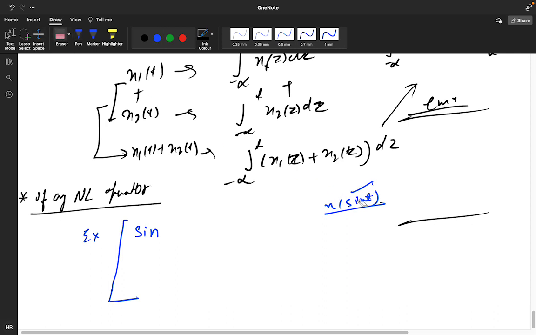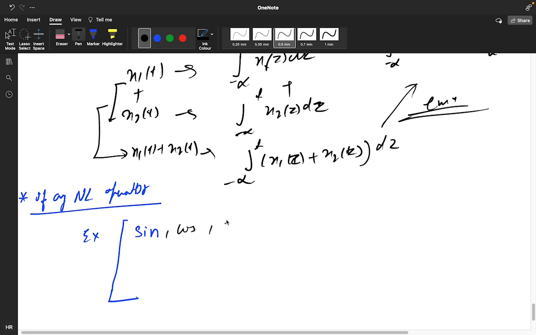But if the function is sine x of t, then it will be non-linear.